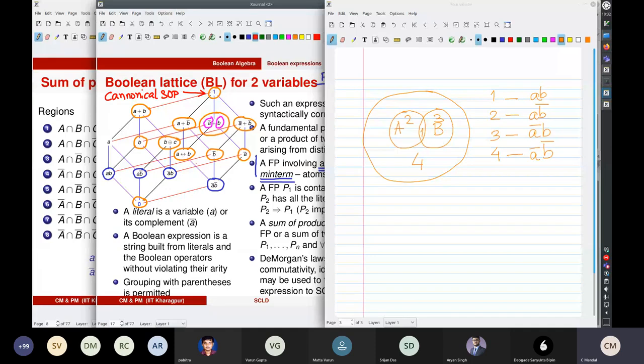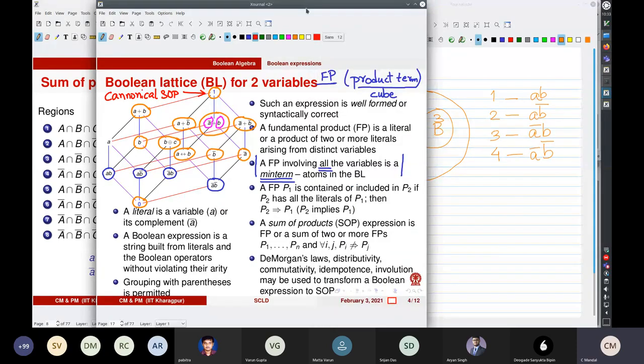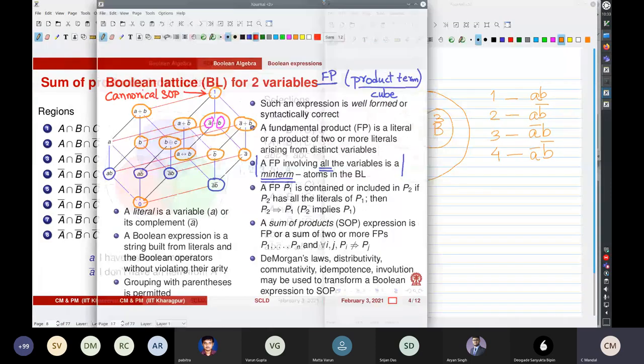These Boolean functions just represent various combinations of the base situations. That is a more intuitive understanding of Boolean functions. Okay, so let us carry on with this.